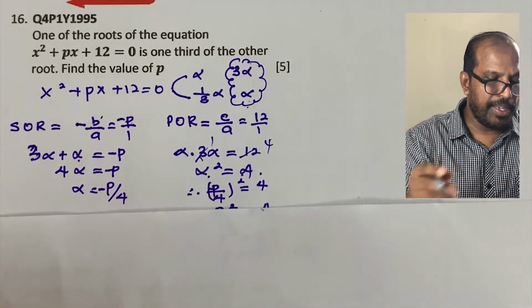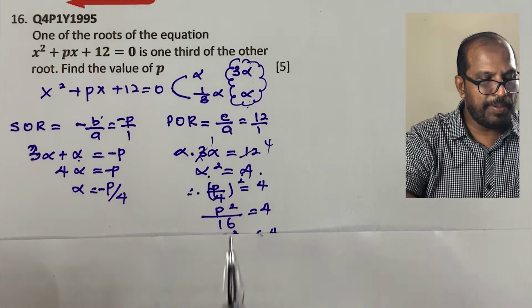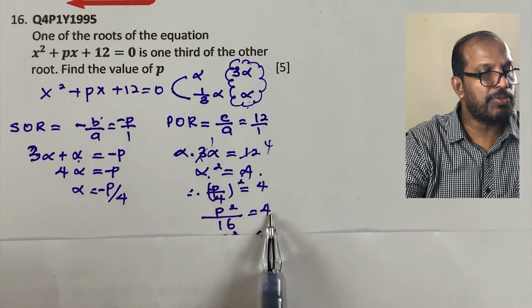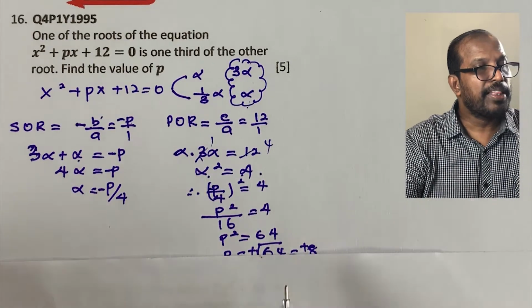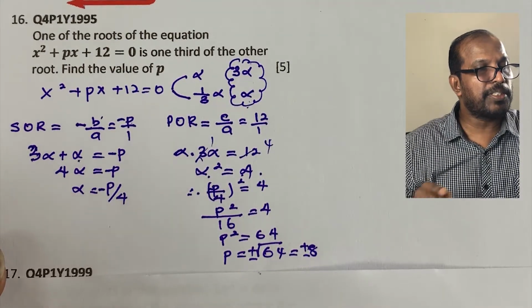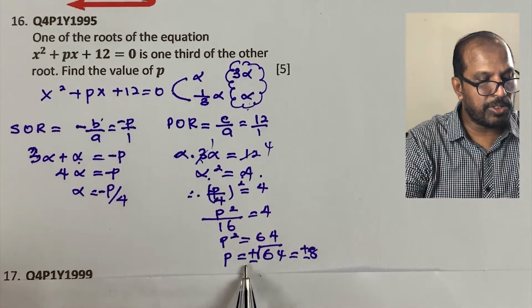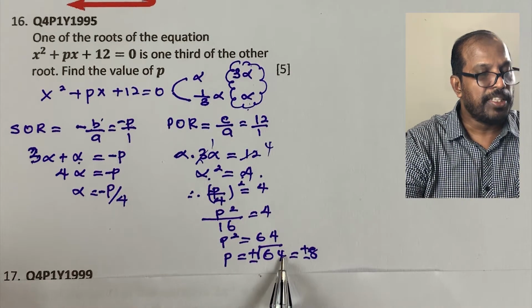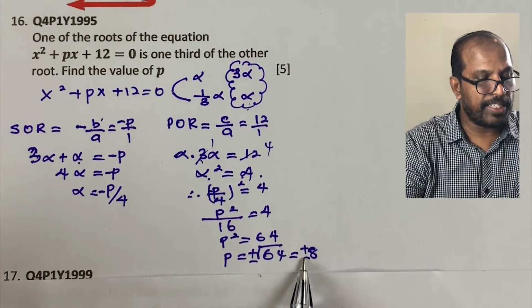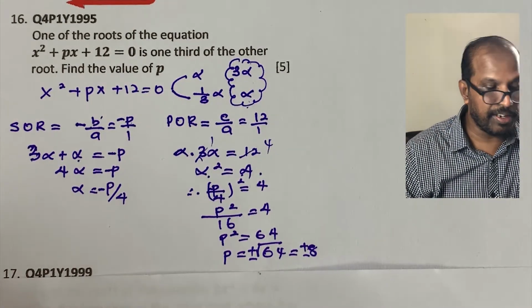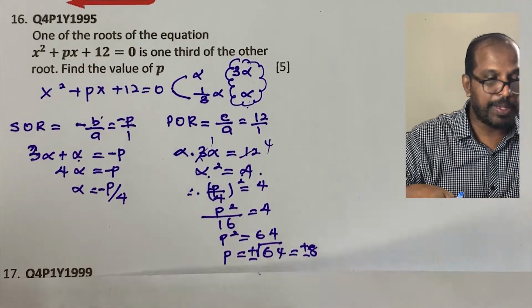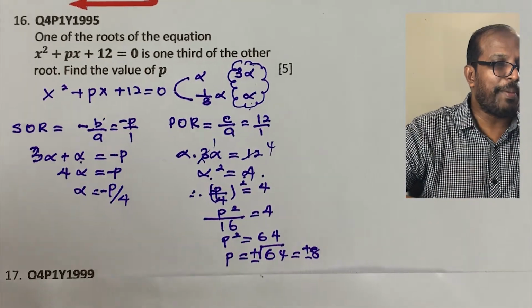Squared, that gives p squared over 16 times, equals 4. Therefore, p squared equals 64. Then we can root it, so p equals positive or negative square root of 64. Therefore, the answer is positive or negative 8. So we found the value of p, and we have solved one past year question here.